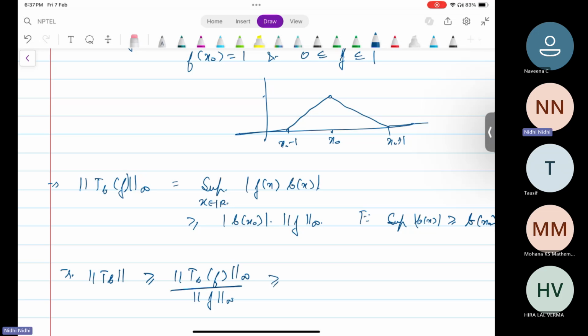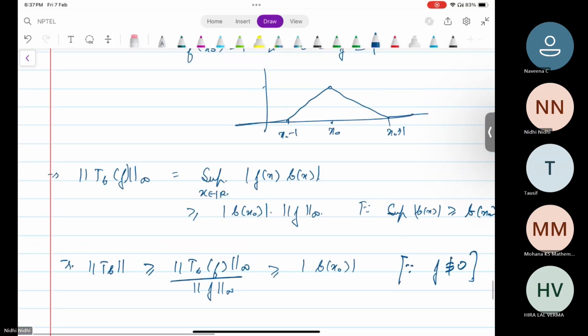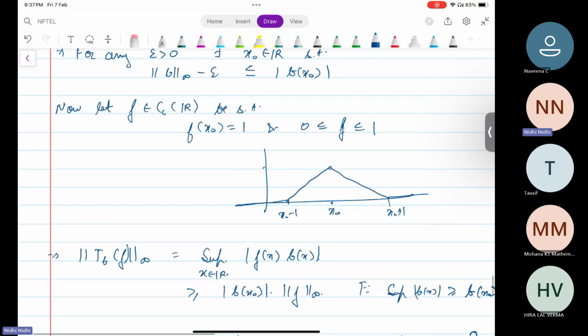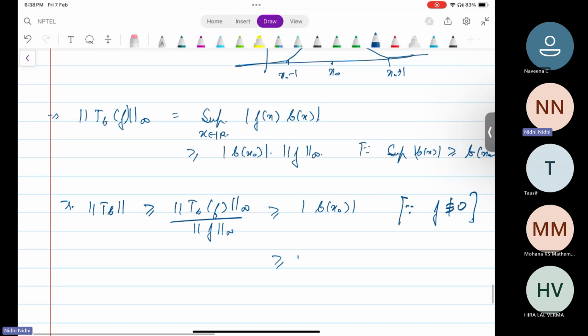This is greater than or equal to mod B(x naught), because clearly f is non-zero. And now this mod B(x naught) is greater than or equal to the infinity norm of B minus epsilon.